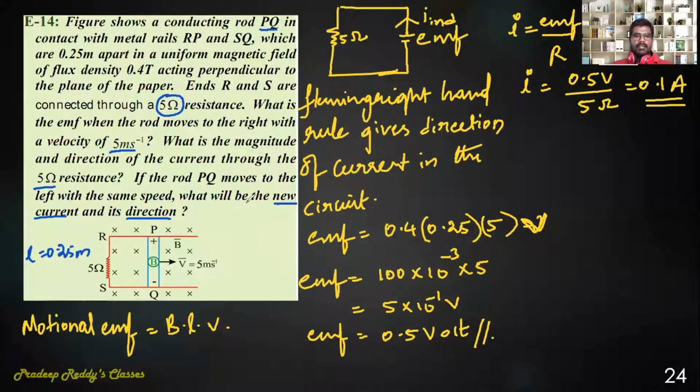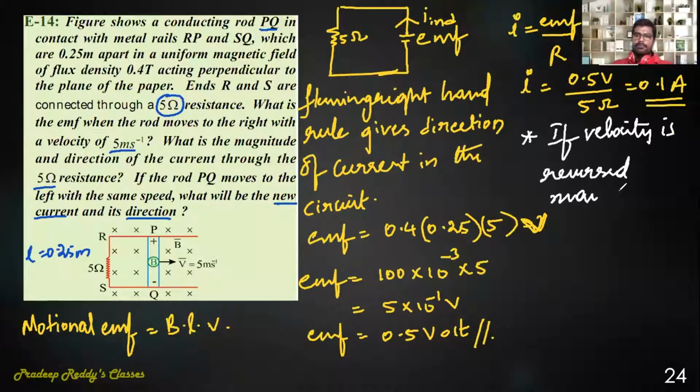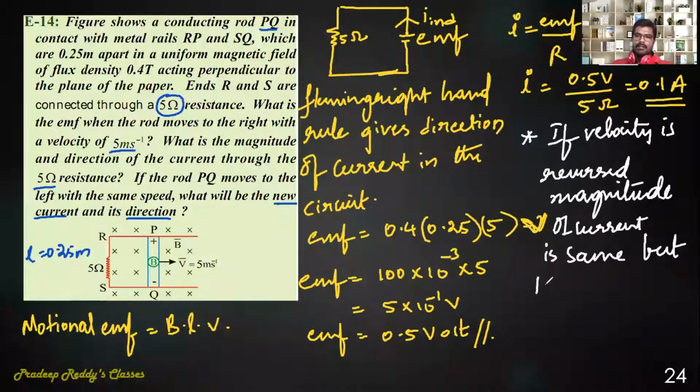If the velocity direction is reversed, what would happen? The magnitude of current will remain same, but the direction of current would undergo change. If velocity is reversed, magnitude of current is same, but direction is opposite.